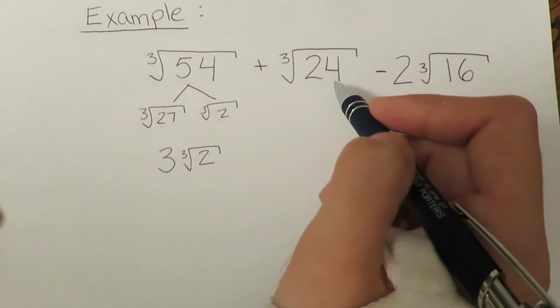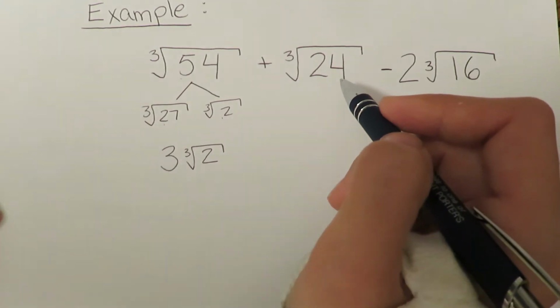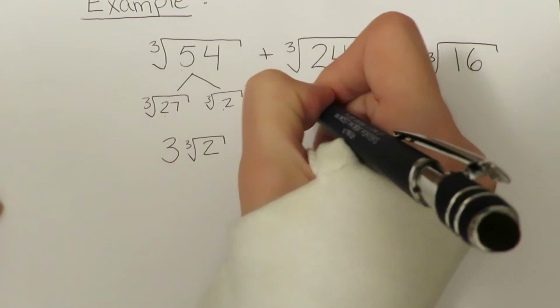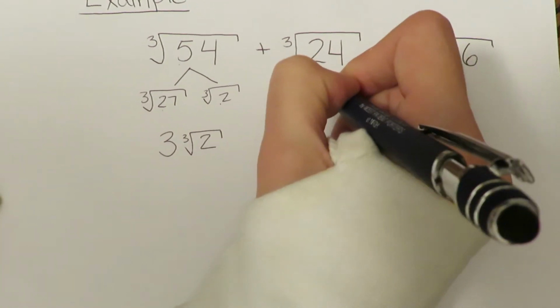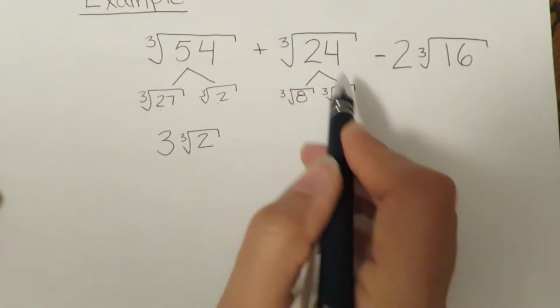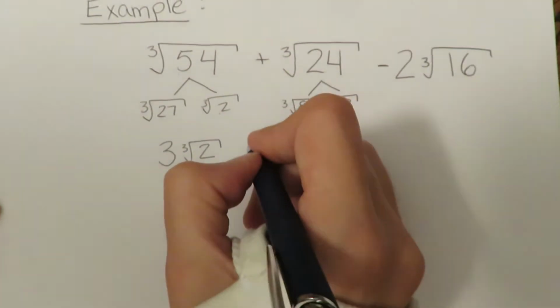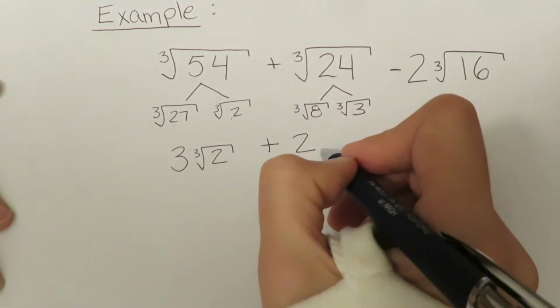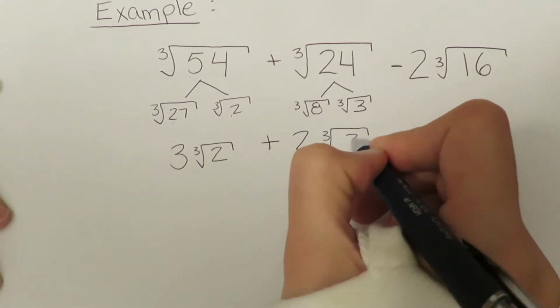Well, 8 is a perfect cube because of 2 times 2 times 2. So I can rewrite this as the cubed root of 8 times the cubed root of 3, because 8 times 3 is 24. In other words, 2, because the cubed root of 8 is just 2, cubed root of 3.